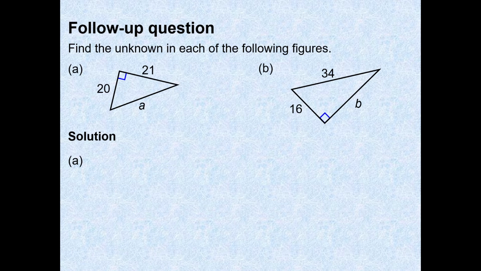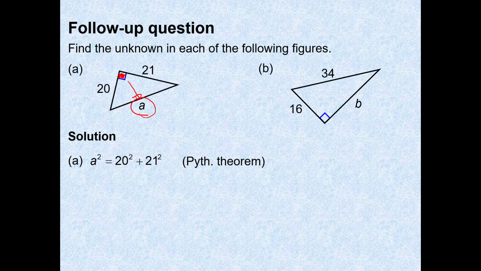So now, can you find the unknowns in the following figures? Tips for you: always find the hypotenuse first. For part A, since this is a right angle, opposite to the right angle is A, so this is the hypotenuse.